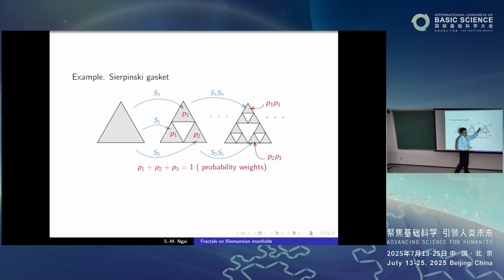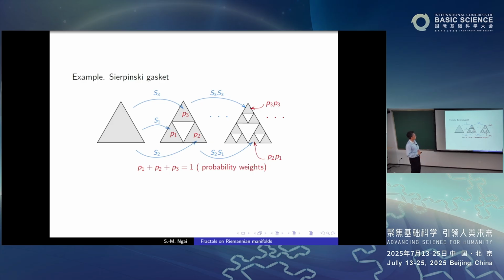The second level consists of images under the compositions of the maps. The set F is the limit of this sequence of sets.